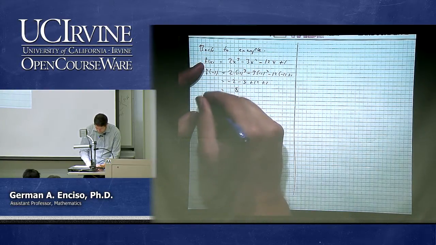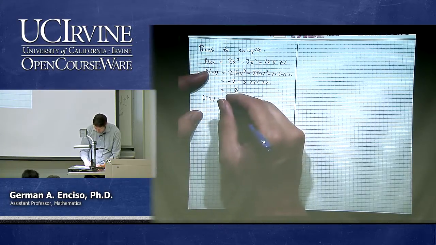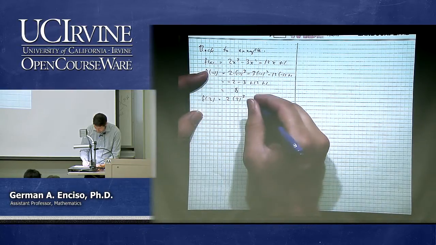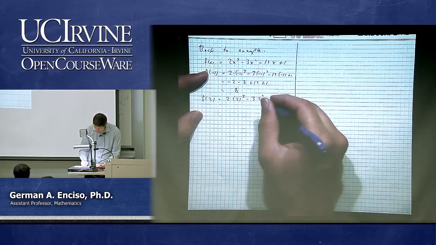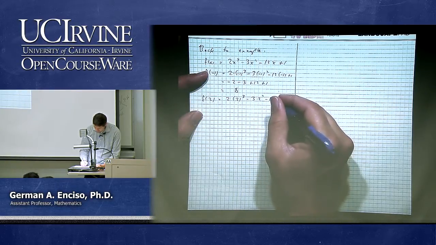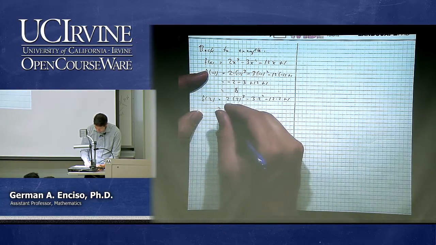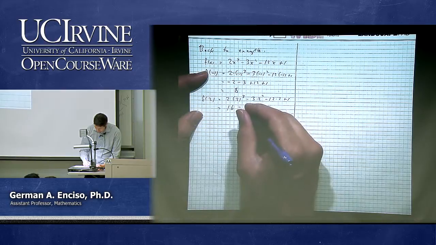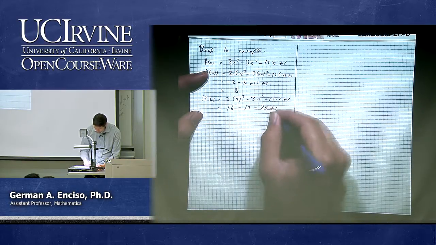Okay, what about f evaluated at the point 2? Well, it's 2 times 2 to the 3 minus 3 times 2 squared minus 12 times 2 plus 1, which is equal to 2 times 8 is 16, minus 3 times 4 is 12, minus 24 plus 1.